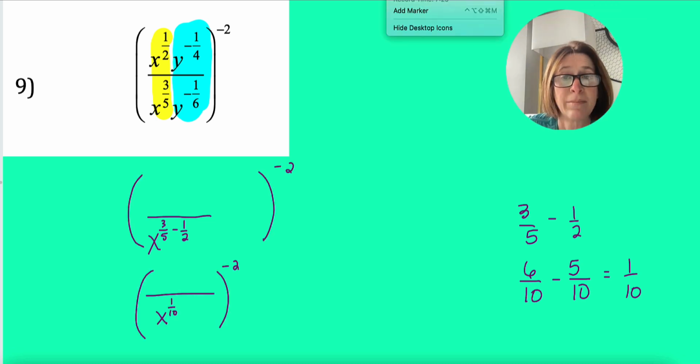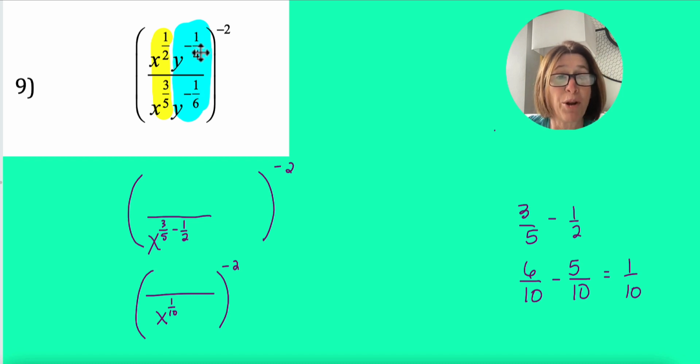Okay. All right, this was a little bit trickier because y to the negative 1/6 is actually bigger than negative 1/4, because on the number line, negative 1/4 would be farther left. So I brought the 1/4 down. So that would have been negative 1/6 minus negative 1/4, giving me plus 1/4.